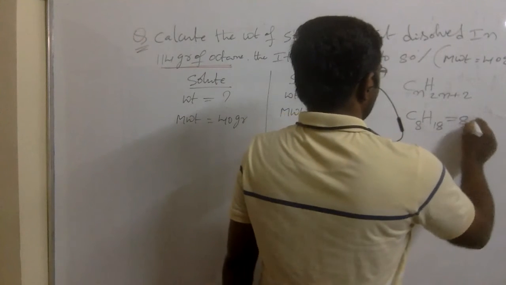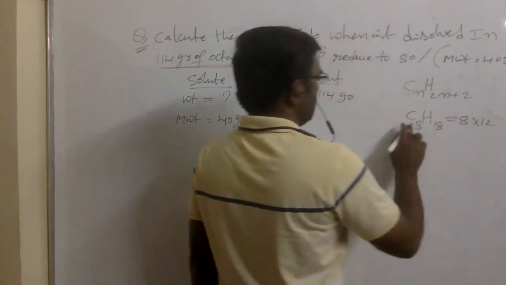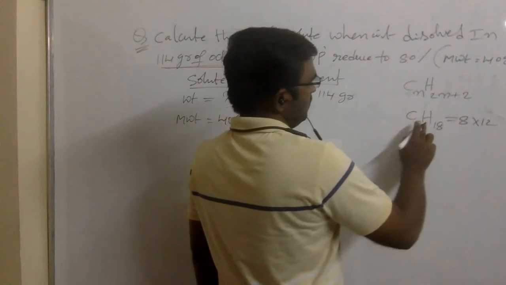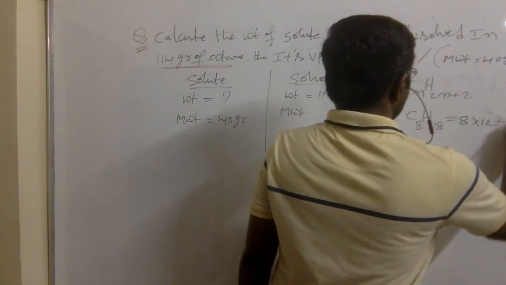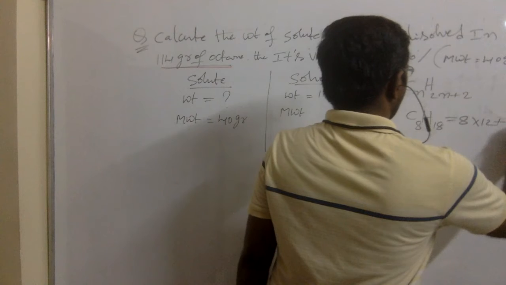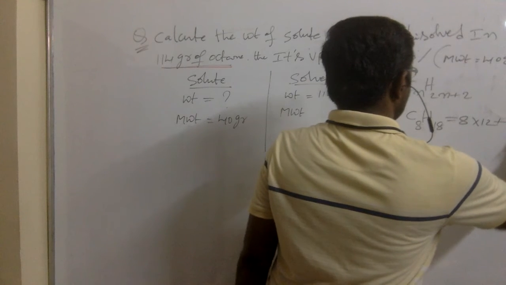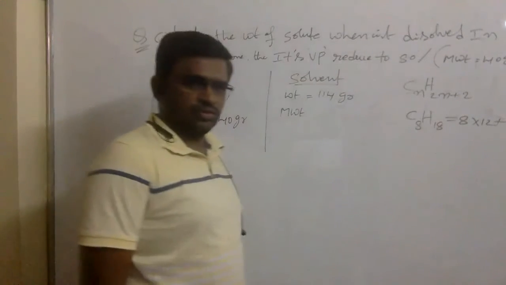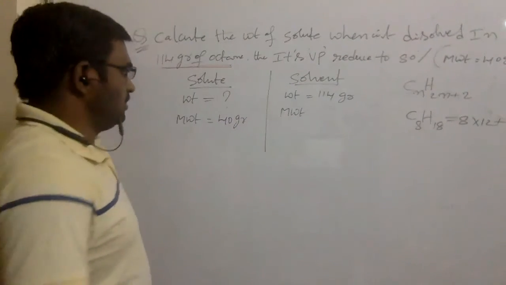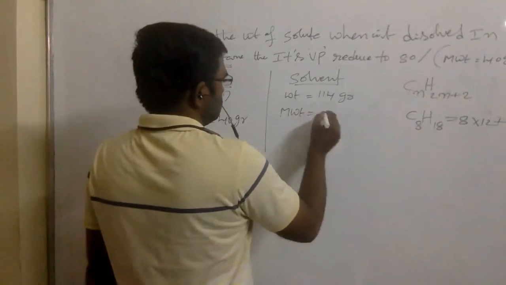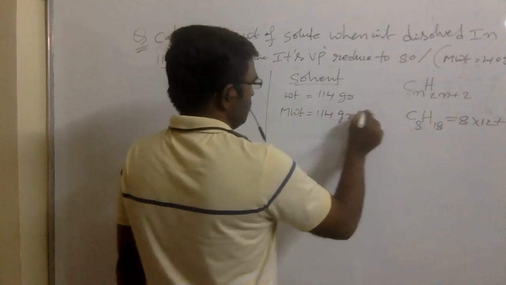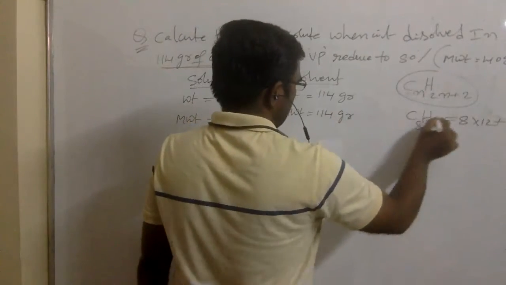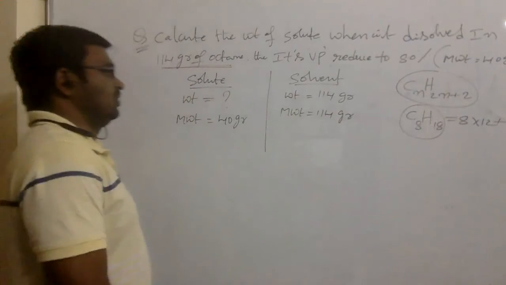Its molecular weight is 8 into the atomic weight of carbon 12, here 8 carbons, 8 into 12, plus 18 hydrogens, 18 into 1. So it is totally 114 grams. The molecular weight of octane is also 114 grams. Remember this, how to calculate the formula of octane.